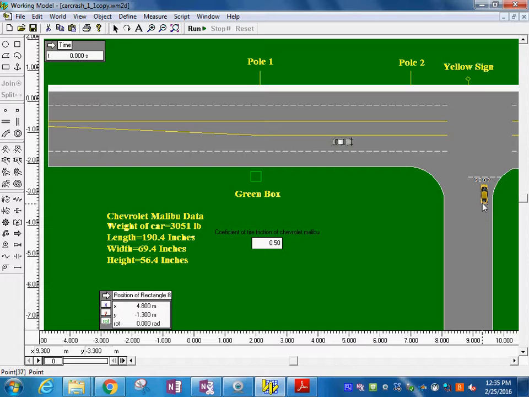I'm going to play it again, and perhaps I'll do it in slower motion now. I'm just going to go to the accuracy here, and then go to maybe 2 in here.